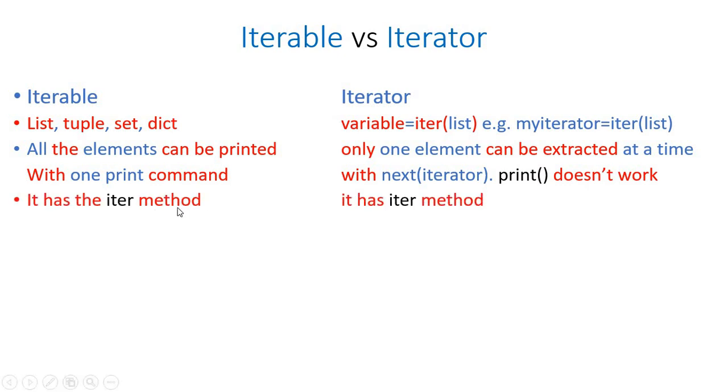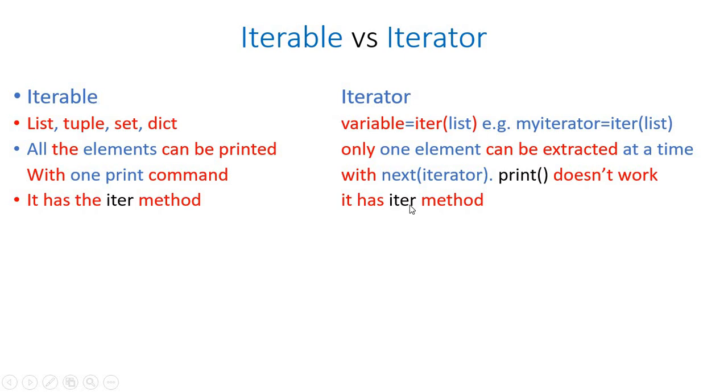Iterable has the iter method. That is, you can apply the iter command on each of these objects. An iterator has a similarity with an iterable in this case, because you can convert an iterator into another iterator with the iter command. So iter here converts the iterable into an iterator.